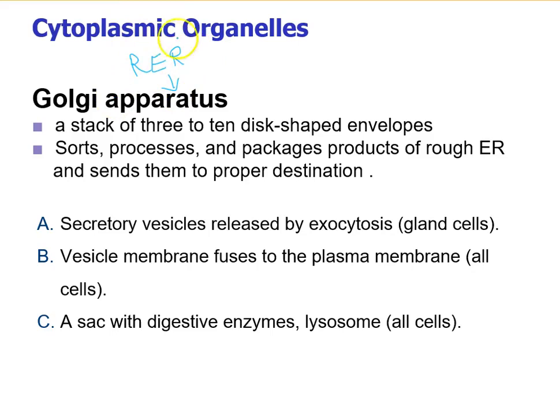It means that the protein which is going to be made in rough endoplasmic reticulum is not a final product. Then this product of rough endoplasmic reticulum should be sent to the Golgi, where inside of the Golgi, they're going to be modified and also packaged, and then they're going to have 3 different destinations.